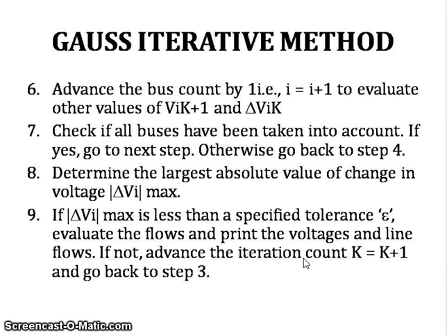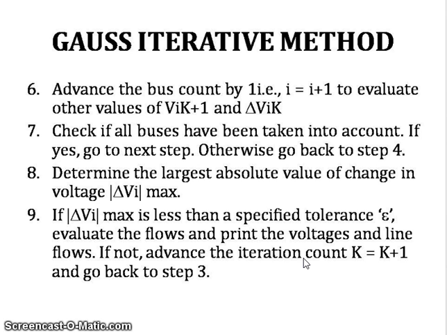So like that we will have a number of iterations. With the advancement in digital computers, the calculation and iteration part has become easier. When delta V max comes under the permissible limit, the system converges. If delta V max is beyond the specified tolerance epsilon, then we need to calculate one more iteration.